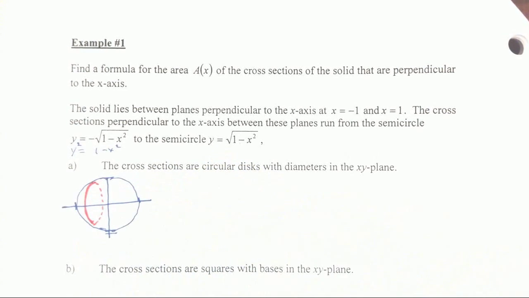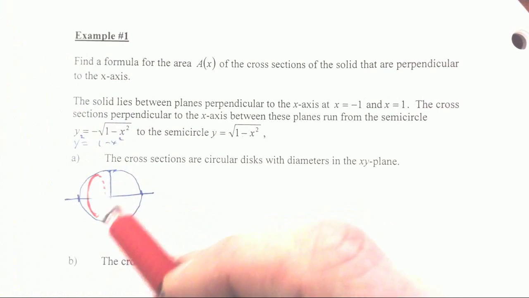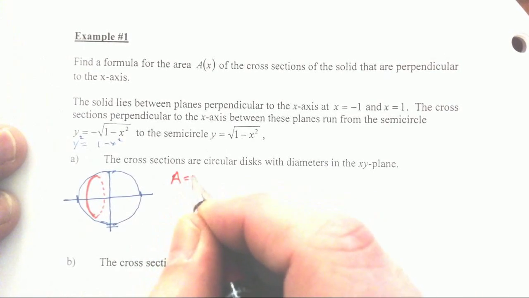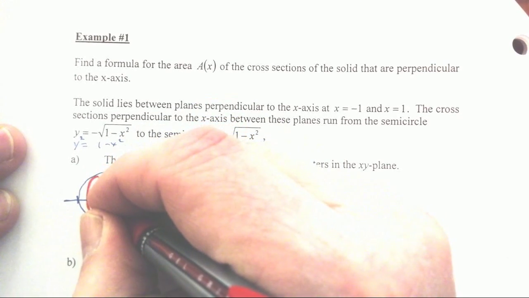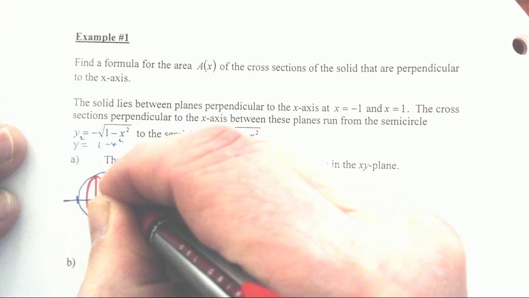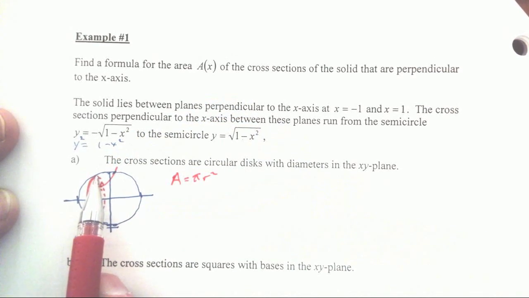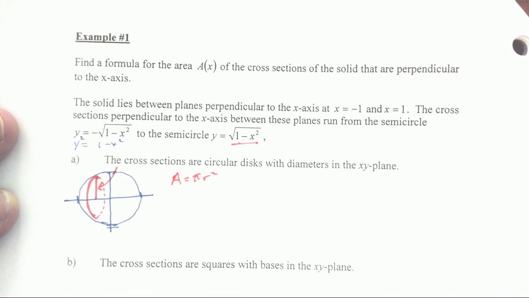So how would we define the area of that cross section? I mean, we can pick any cross section, just kind of like taking a slice through this orange, open it up, we've got a circle. So the area is pi r squared. But in this case, what is our value of r? That's the height of the function, and the height of the function is this guy.